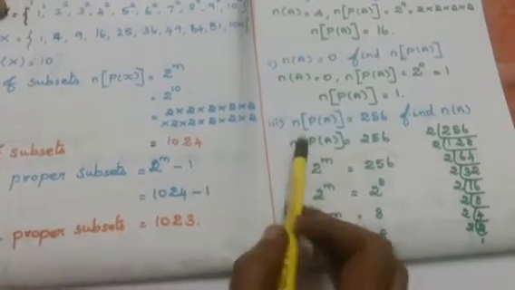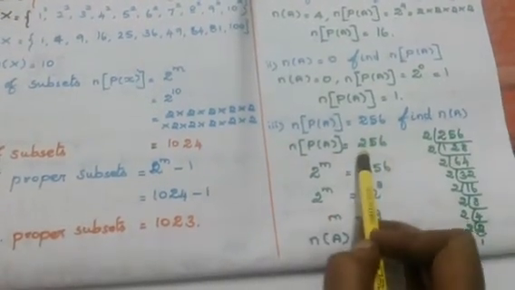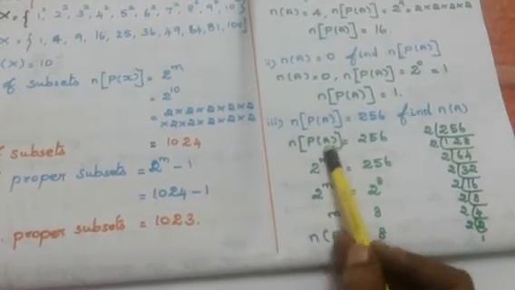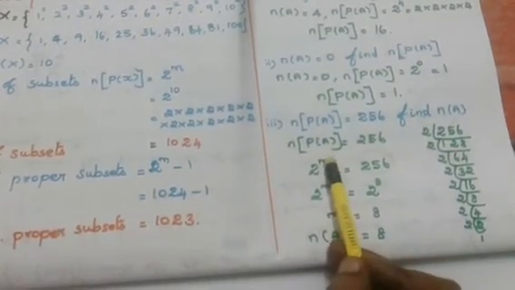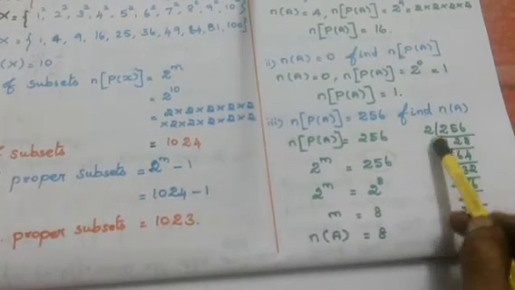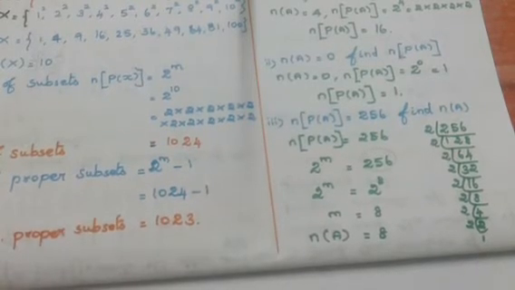Next sum. N of p of a is given. Find n of a. Okay, reversely asked. So n of p of a is equal to 256. It is given. What is the formula for n of p of a? 2 power m. 2 power m is equal to 256. So we divide 256 only by 2. Don't divide it by 4, 8 and so on. Why?